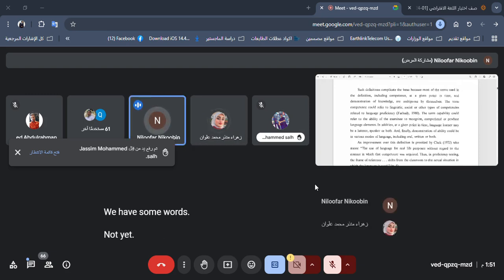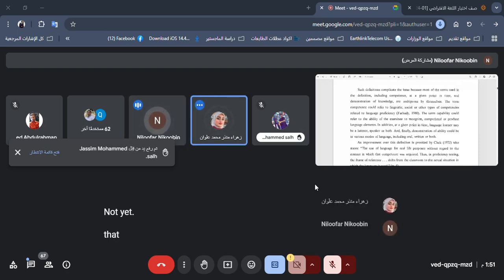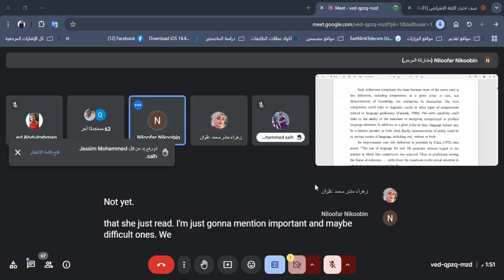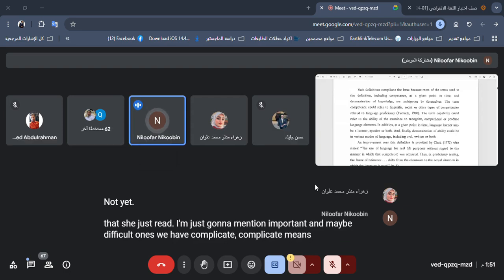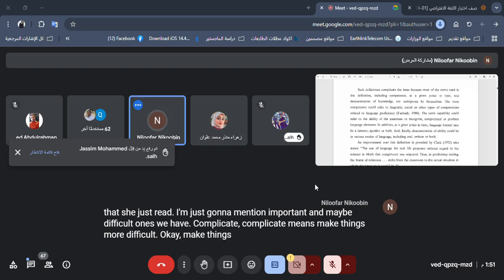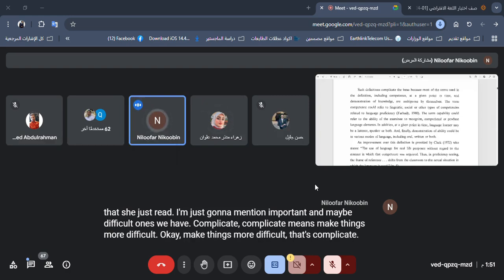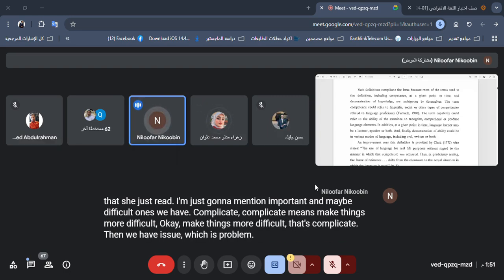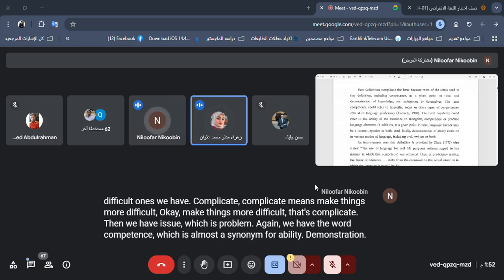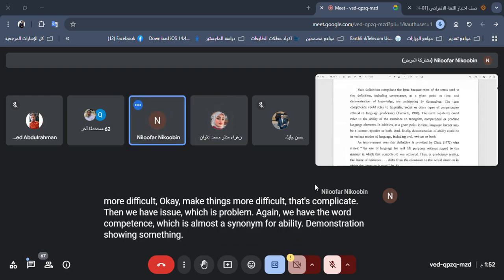We have some words in the paragraph that she just read. I'm just gonna mention important and maybe difficult ones. We have complicate. Complicate means make things more difficult. Then we have issue, which is problem, and again we have the word competence, which is almost a synonym for ability. Demonstration, showing something.